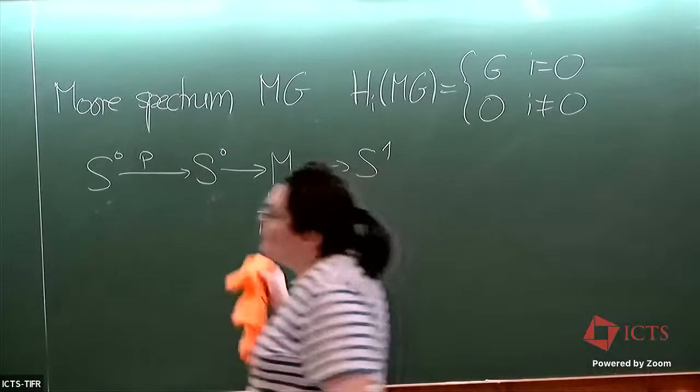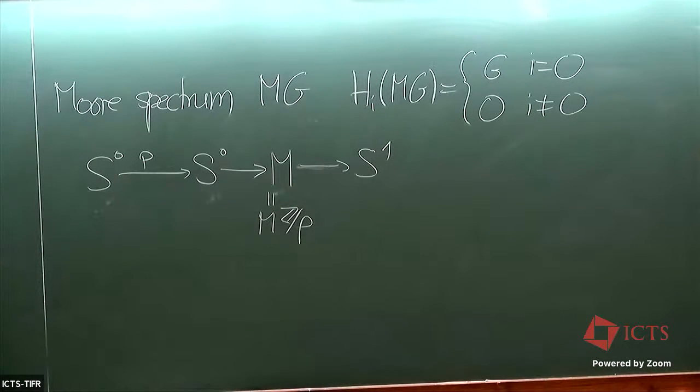So first of all, I would like to start localizing with respect to rational homotopy theory, which would be the same as localizing with respect to rational homology.